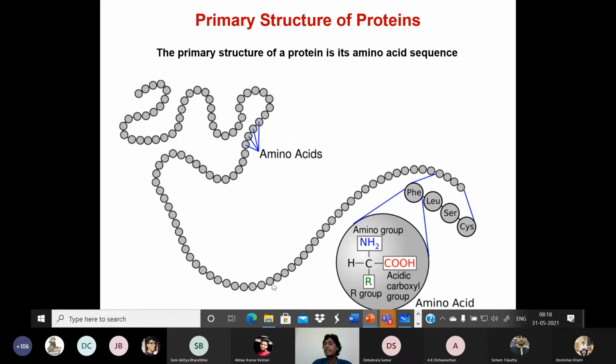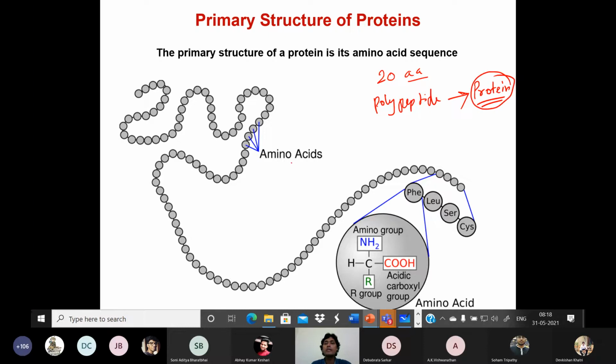We have 20 different amino acids in natural conditions, right? 20 amino acids in our body, and they are attached through peptide bonds, I told you before, and that makes a polypeptide, right? Polypeptide, and when it's folded into its three-dimensional structure and has some specific function, that is a protein, right?